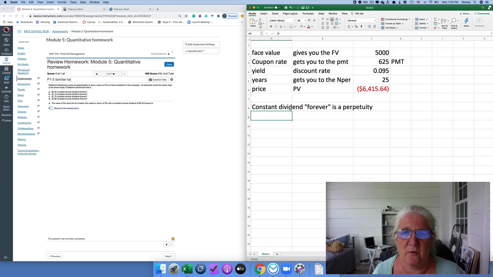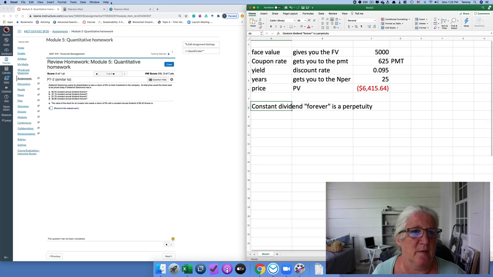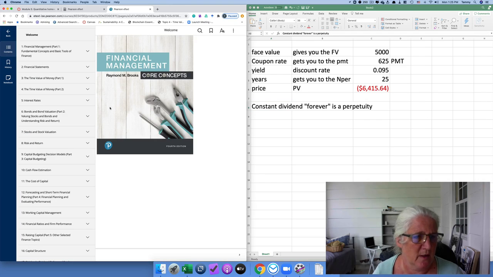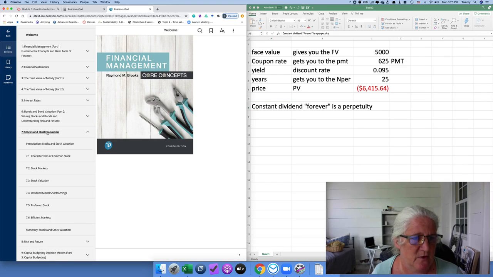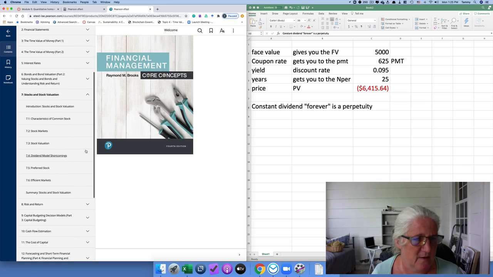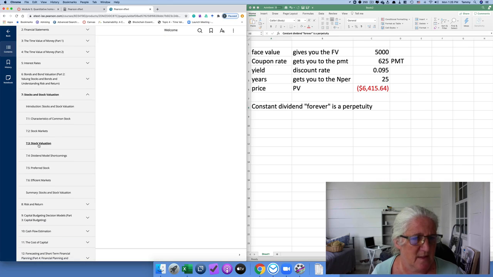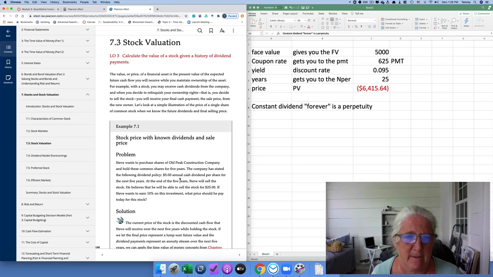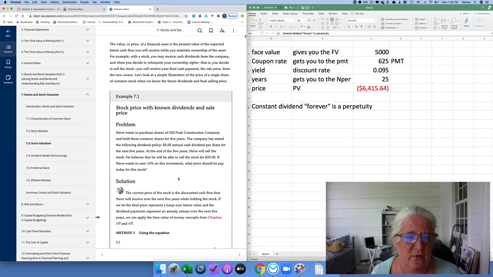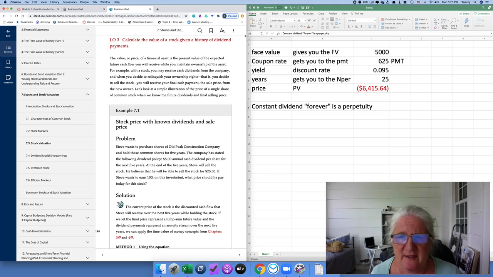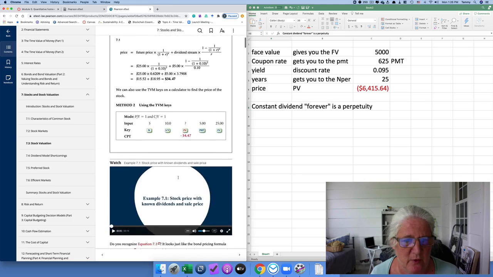And so, if you don't know how to do that, what you can do is look in the book. So let's look over here in the book, and we'll look at stock valuations, in the stock valuation section, and we have known dividends and sale price, and that's not what we're looking for.